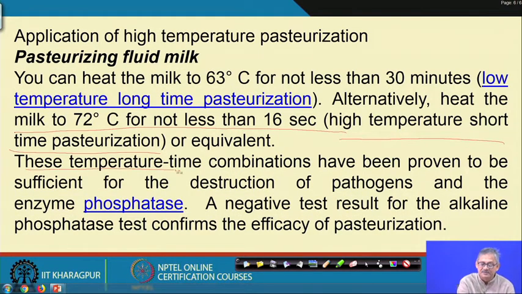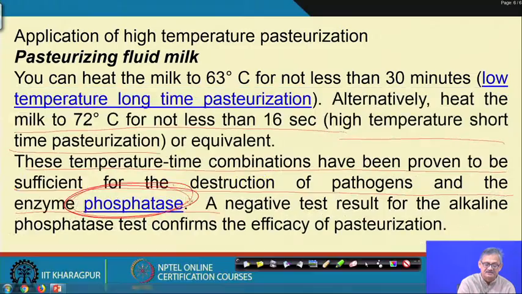So, these time temperature combinations have been proven to be sufficient for the destruction of the pathogens and the enzyme phosphatase. We have said that this phosphatase enzyme is one of the most heat resistant enzymes, so that can be destroyed by this.